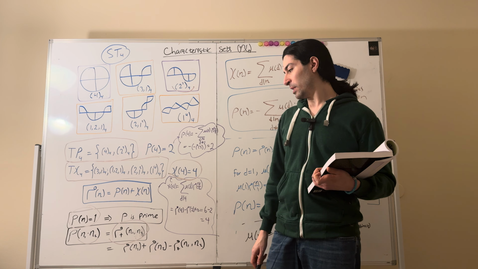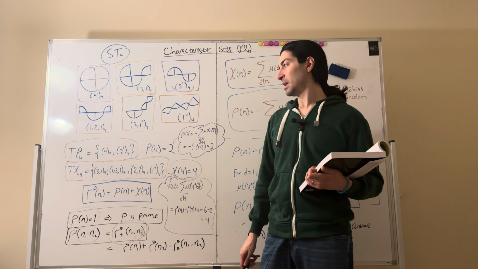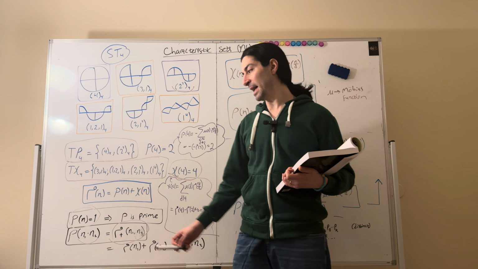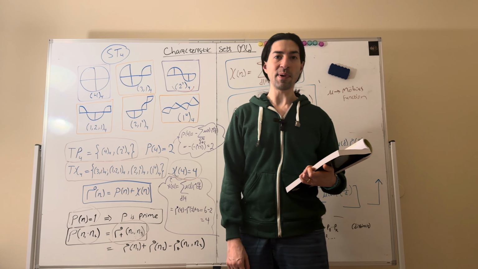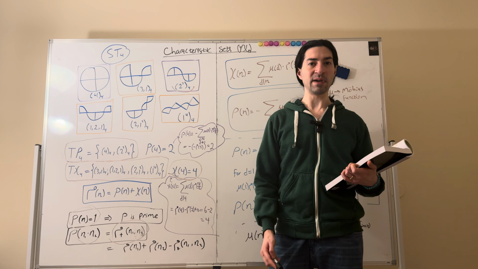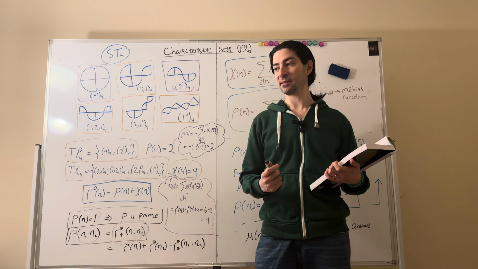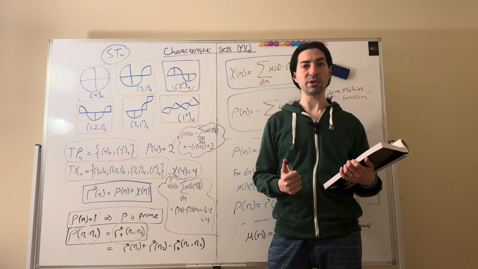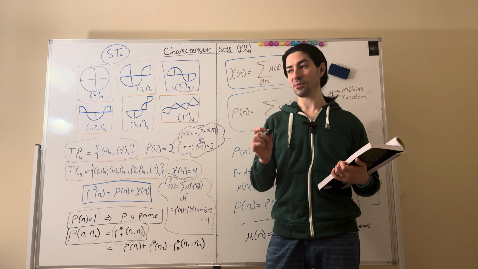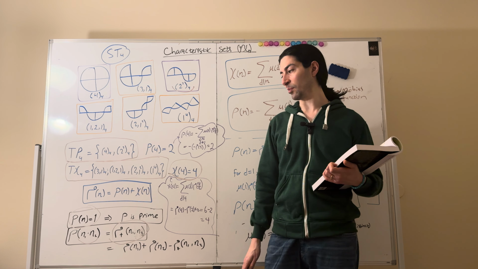Now let's do a few more observations. If n is a power of a prime number. So let's say n is equal to 9. Then that's 3 squared. That's the power of a prime number.